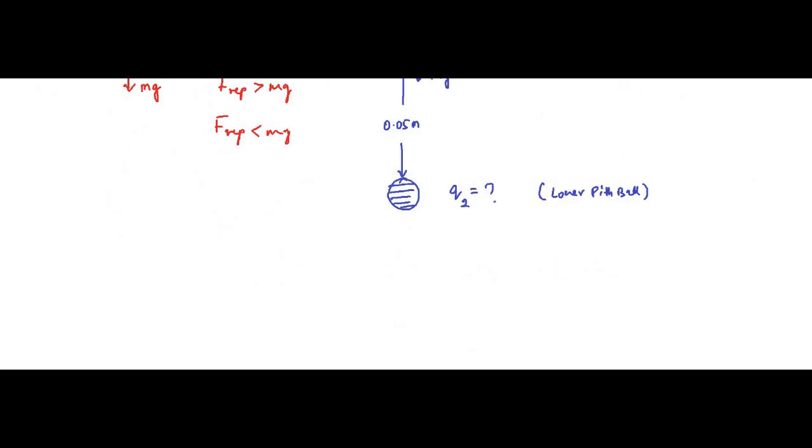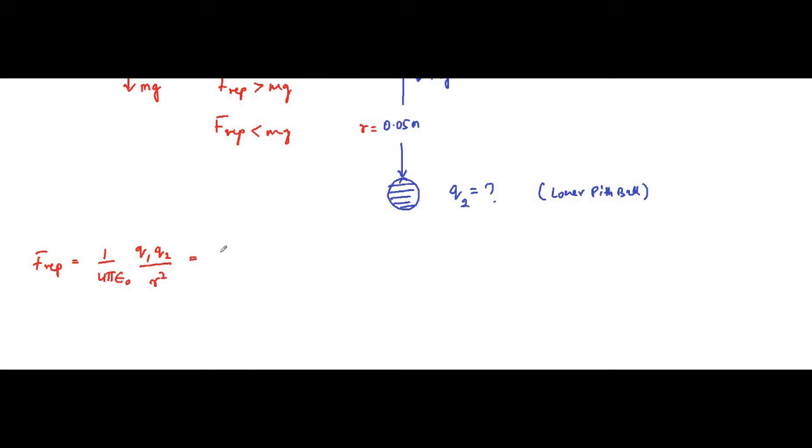Now the electrostatic force of repulsion between these two charges is determined by Coulomb's law, which is 1 by 4 pi epsilon 0 q1 q2 by r square. R is 0.05 meter.